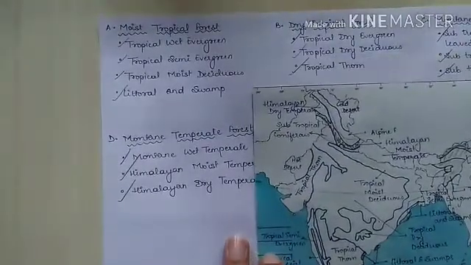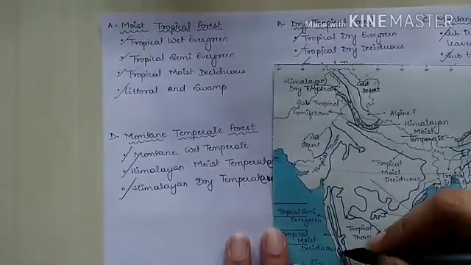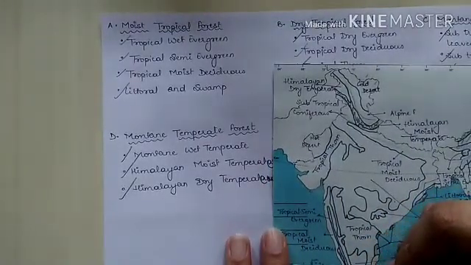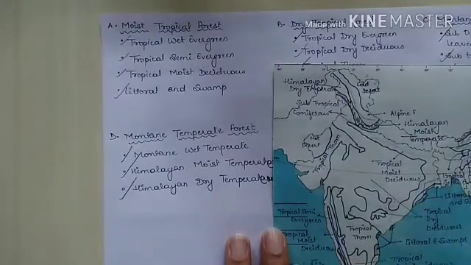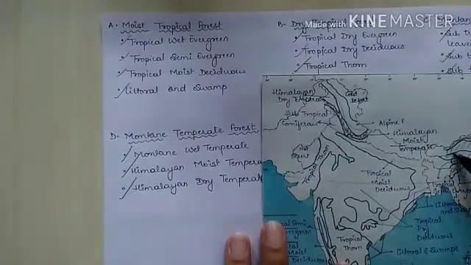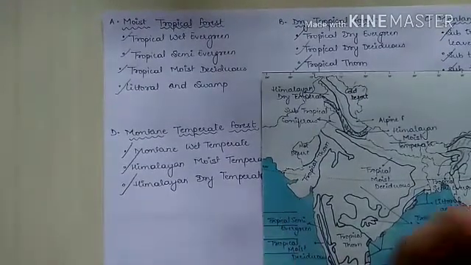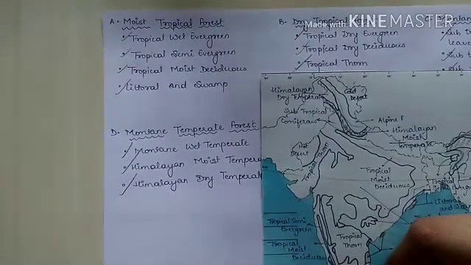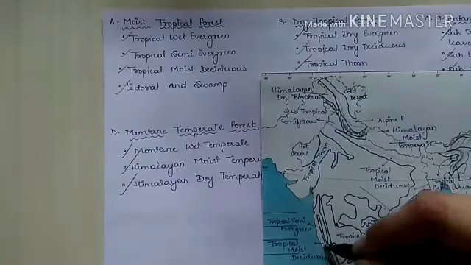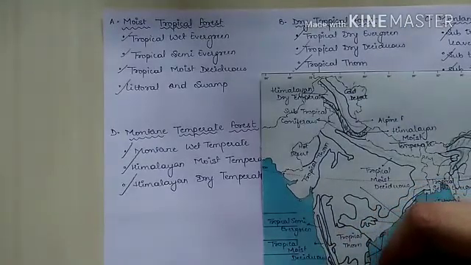Tropical wet evergreen, we have a narrow strip here, and then some part here, which is included in tropical wet evergreen. Then tropical semi evergreen, the area covering this tropical wet evergreen, this area is tropical semi evergreen.